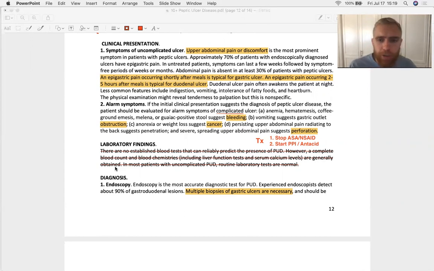And how are you going to treat these things? Well, your initial management is you want your patient to stop aspirin, NSAIDs, anything like that, because all of those drugs block cyclooxygenase and prevent your gastric mucosa from forming.